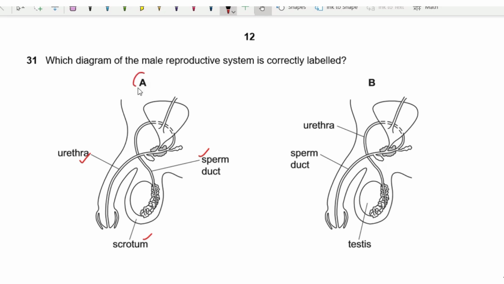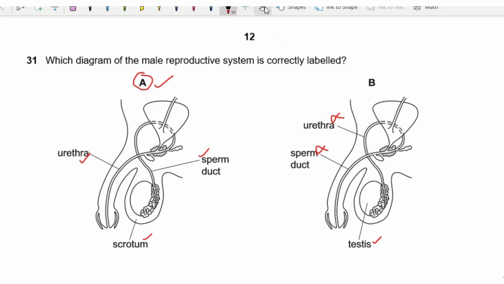So this is a correct answer. But if you look at option B, this is not the sperm duct. It is rather the urethra. This one too is wrongly labeled. This is the only correctly labeled part.